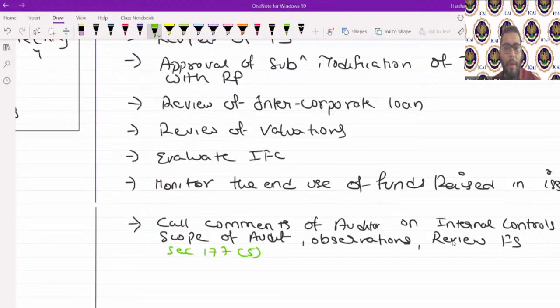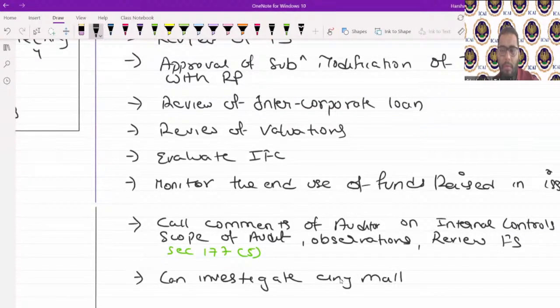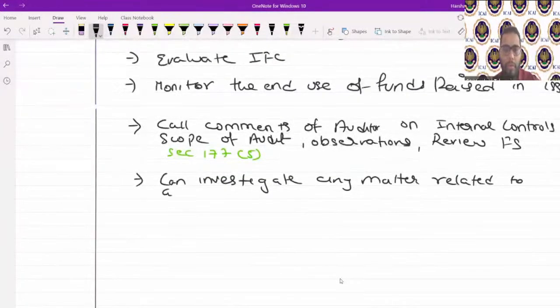Then the audit committee can also investigate any issue or any matter related to the above-mentioned items.